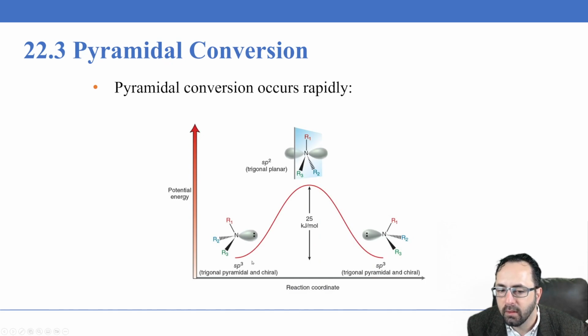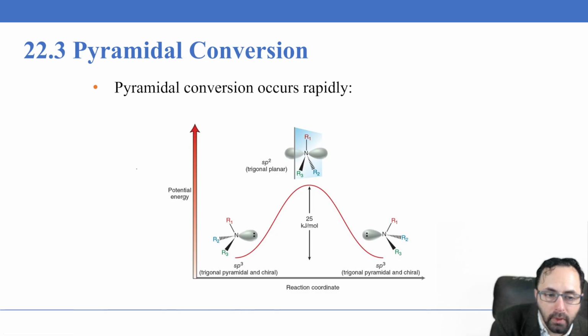The reason for this is that the lone pair here are electrons that are moving around, and so we get a rapid interconversion of where those electrons are located. So you can think of this as a similar type of flipped umbrella conversion that occurs in an SN2 reaction.